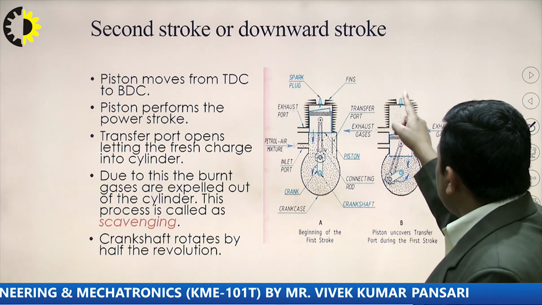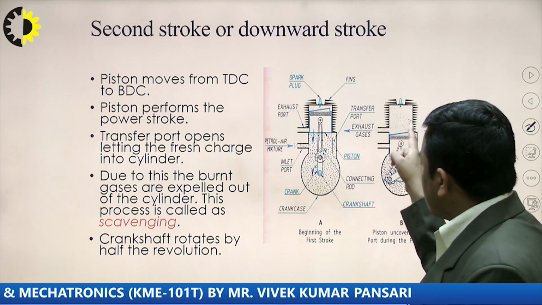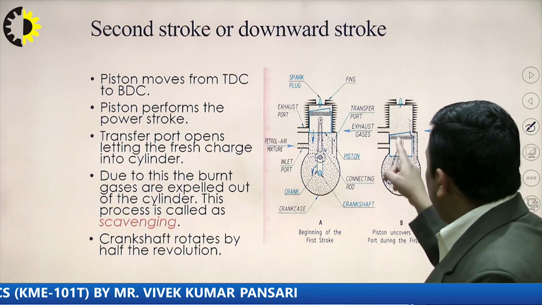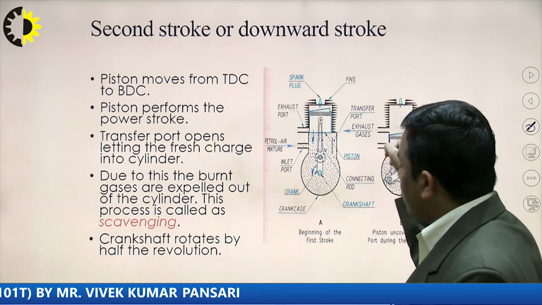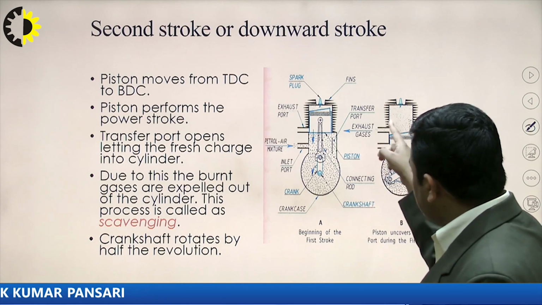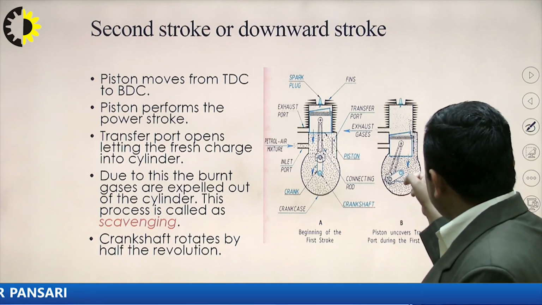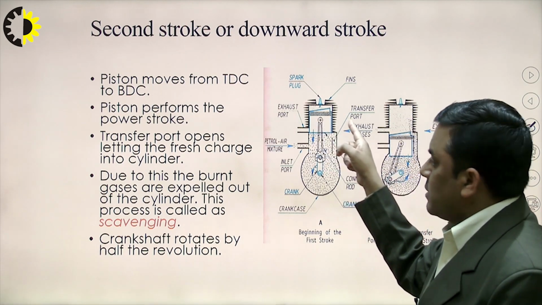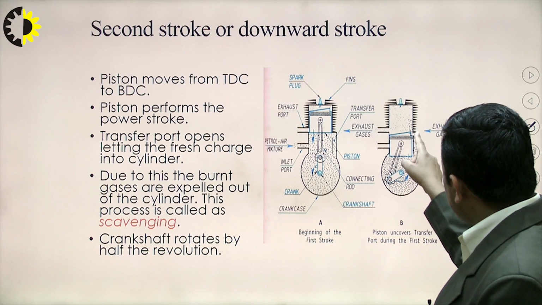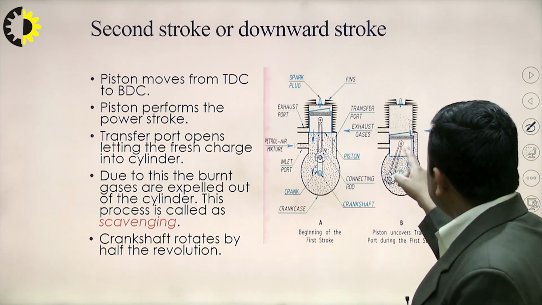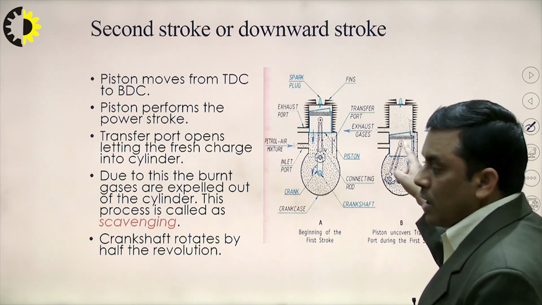Obviously, it must be, because exhaust gases first go out, then the fresh air fuel mixture, but the velocity of the exhaust gases is quite high. So, there is always a tendency that fresh air fuel mixture will go out with the exhaust gases. That is why we can observe the design of the piston. The piston is clubbed with a deflector.